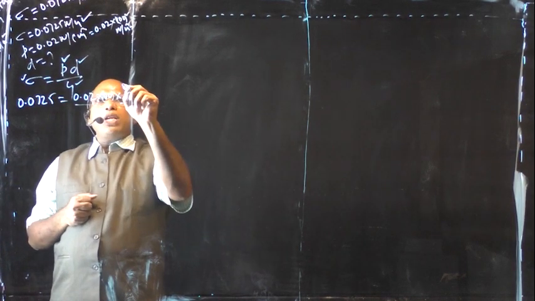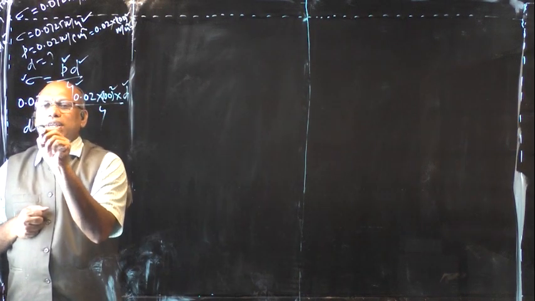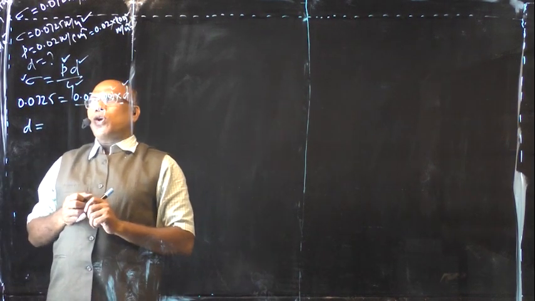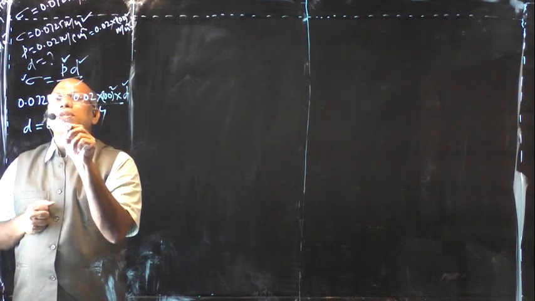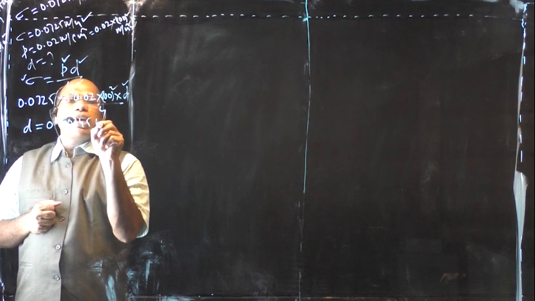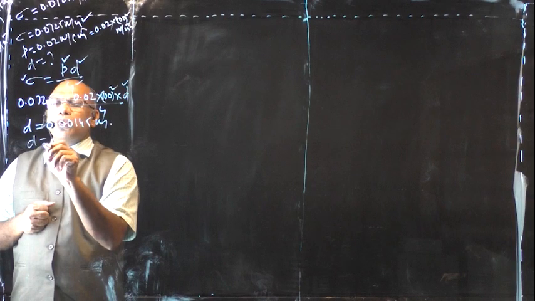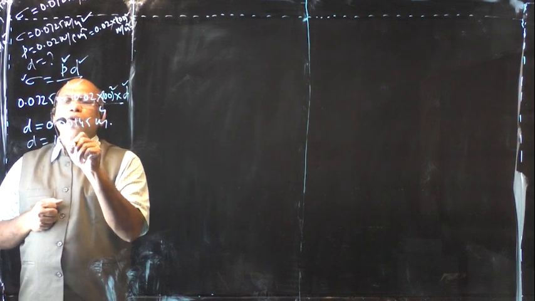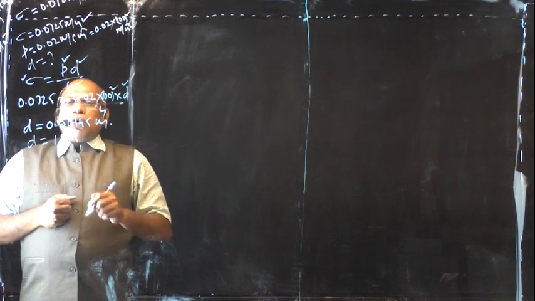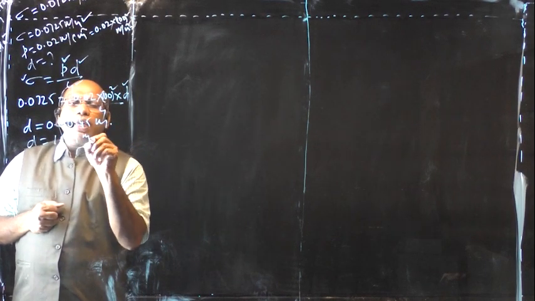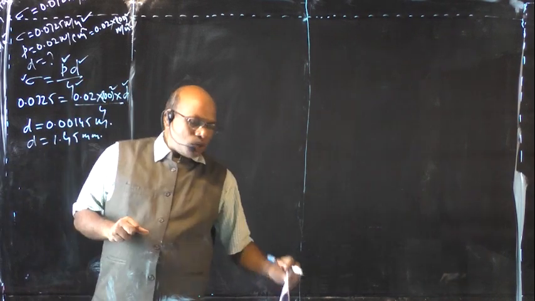In this equation the only unknown is D, therefore the diameter of the water droplet D equals 0.00145 meters, or D equal to 1.45 mm. Right, this is the diameter of the water droplet. Please note down.